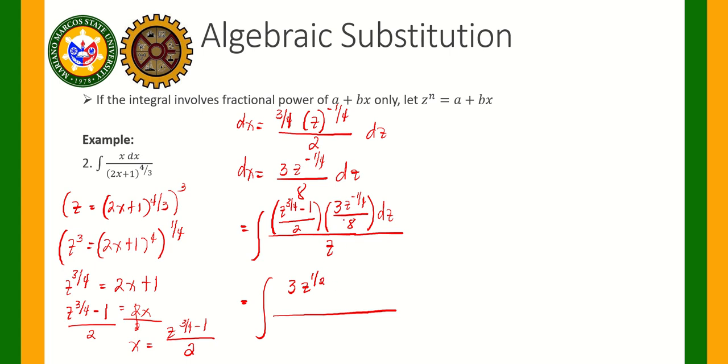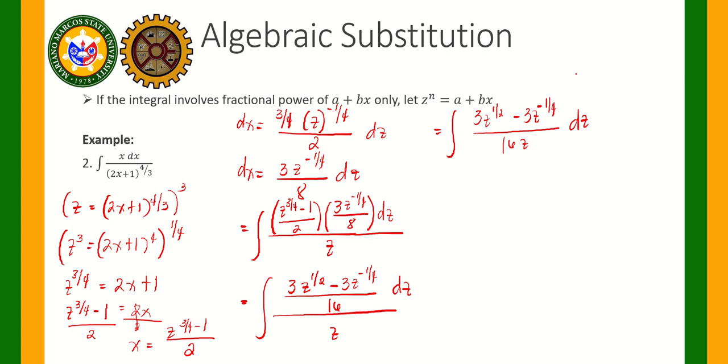And then negative 1 times this one, that is negative 3z raised to negative 1/4 all over 8 times 2 is 16. Si dz natin all over z. Okay? And then simplifying further, this will be equal to the integral of 3z raised to 1/2 minus 3z raised to negative 1/4 over 16z dz.